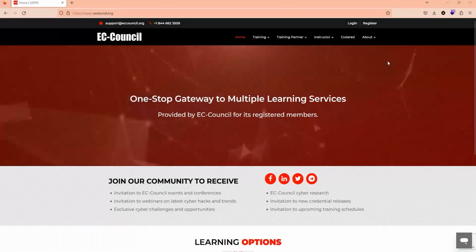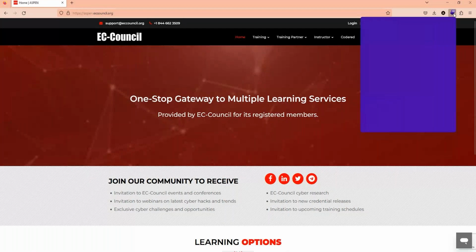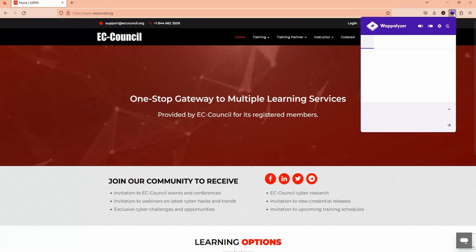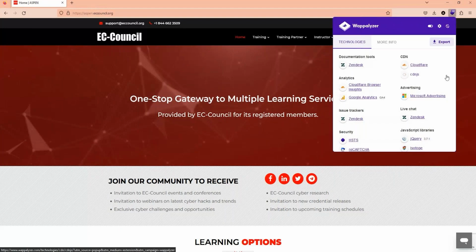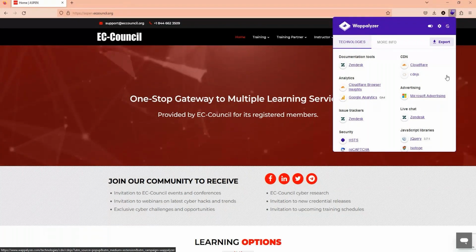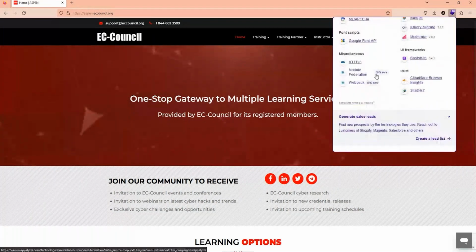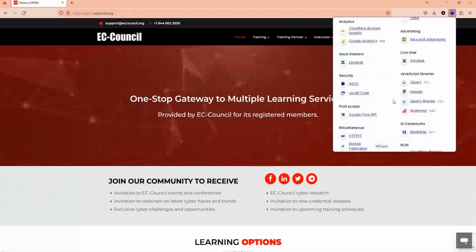Let's see what it is showing. It's showing the name Wappalyzer and the technologies. So all these technologies that you can see, these are being used by the EC-Council website.